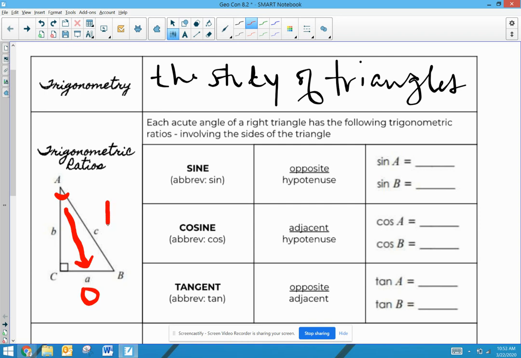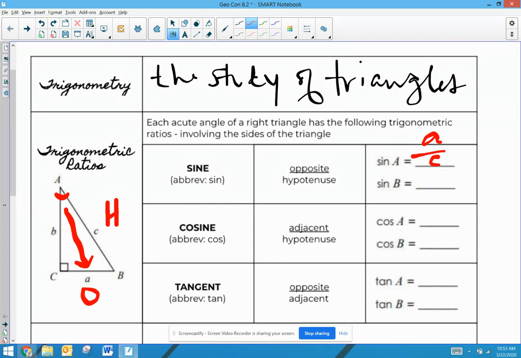This is always my hypotenuse because that's across from the right angle. So the sine of angle A would be side A over side C, because that's my opposite side over my hypotenuse.